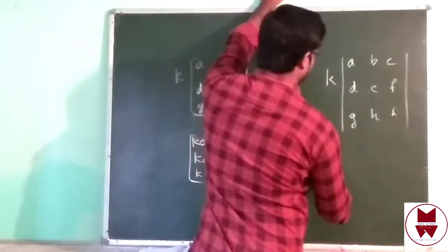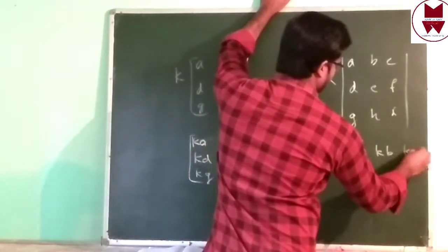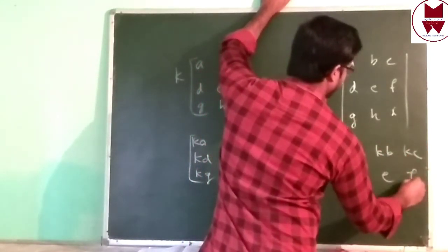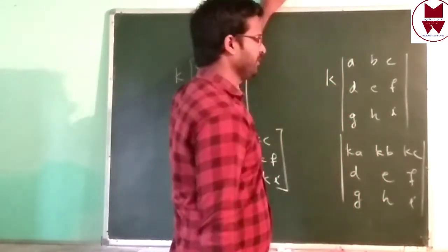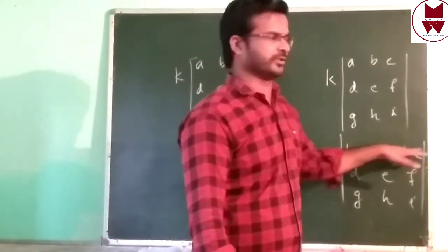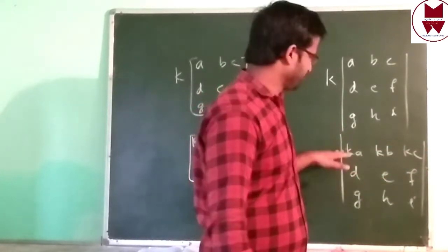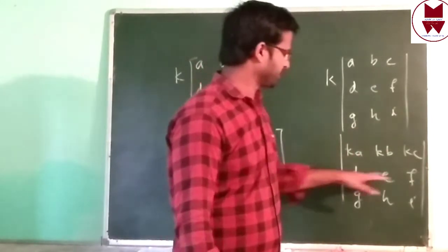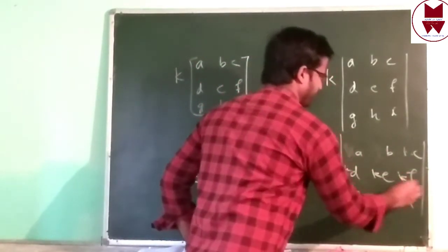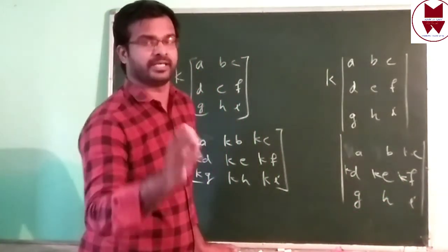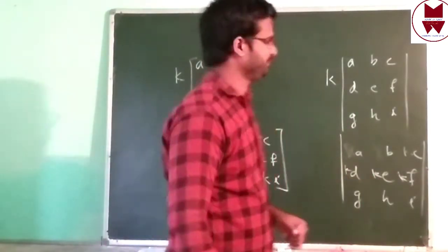But in the case of a determinant, we can write kA, kB, kC, then D, E, F, G, H, I. We multiply with k only one row, otherwise only one column. Any row we can multiply. No need to always use the first row. In the second row also we can write this, just leave it k. In here also k. Any one row, otherwise any one column.